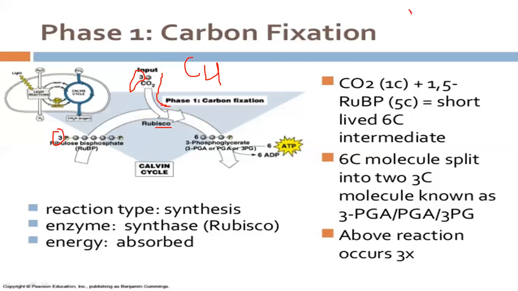Common plants are C3 plants, meaning when they do the Calvin cycle, the first stable compound is a C3 compound, it has 3 carbons in it, that is 3-PGA.